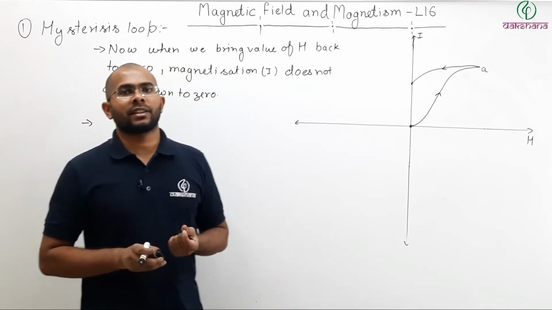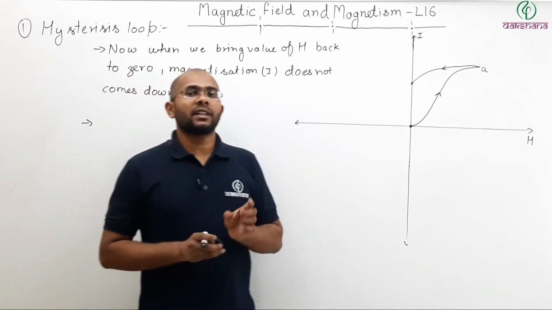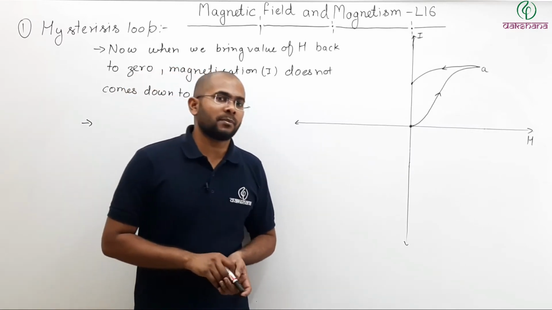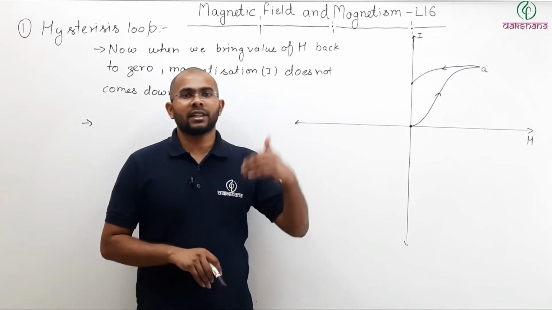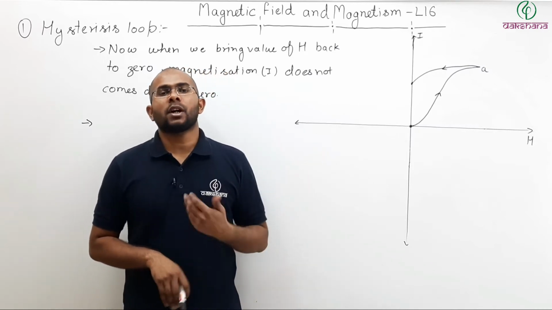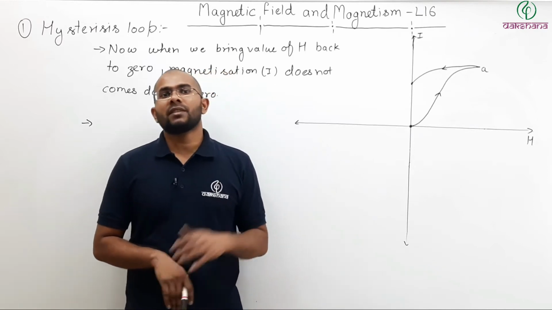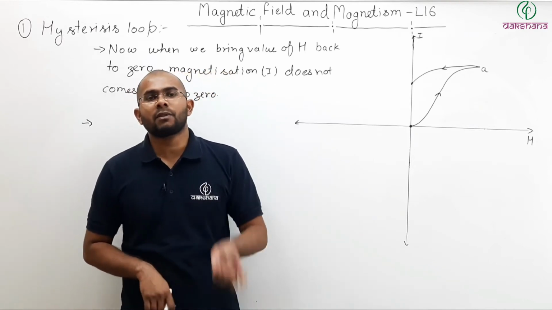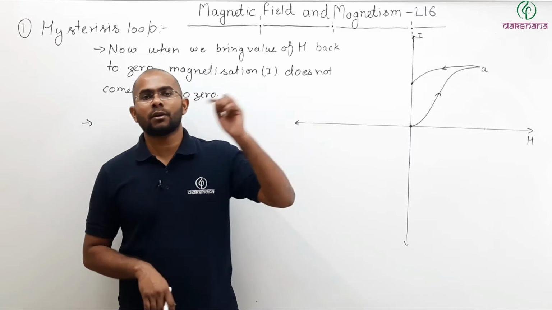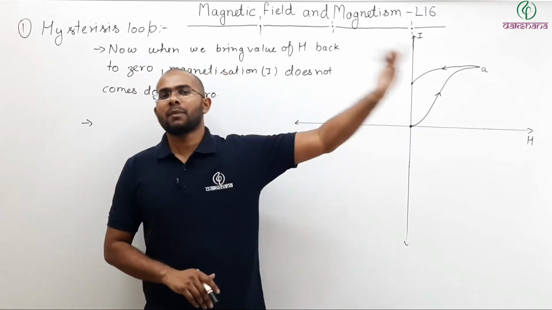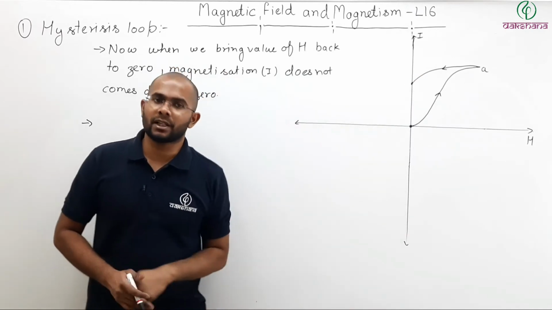Now what is happening here? The ferromagnetic material which was placed inside, when the current was applied in the solenoid, magnetic field was established, and because of the field, magnetization occurs. But when the field was removed, when the current was brought down to zero, and if the field is removed, in case of paramagnetic, magnetization will also come back to zero.